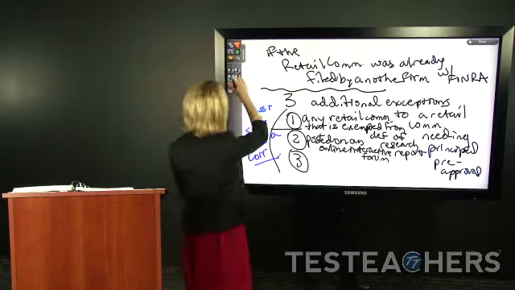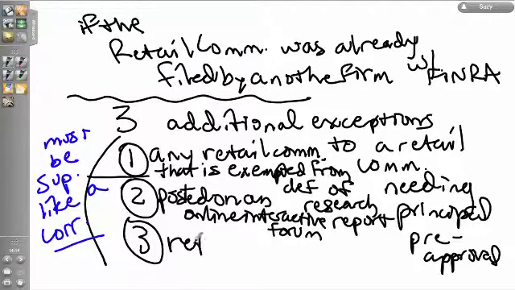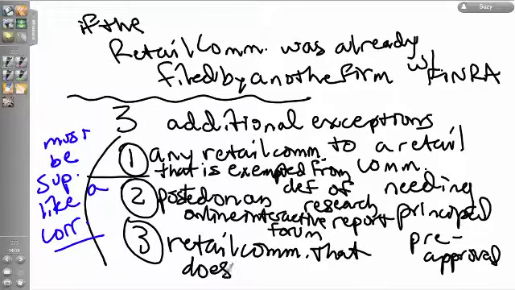So a retail communication that does not make a recommendation. The idea that quarterly statements are available may be made available to more than 25 retail customers in a 30-day calendar period for sure, but it is not subject to the principal pre-approval rule.